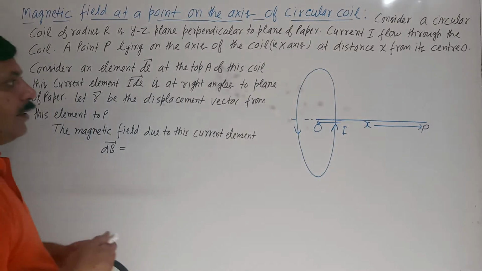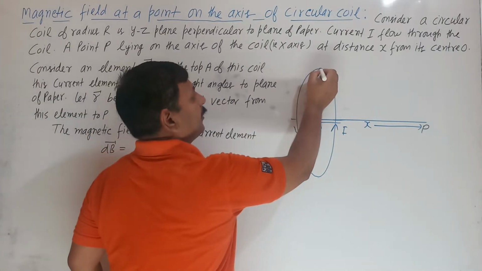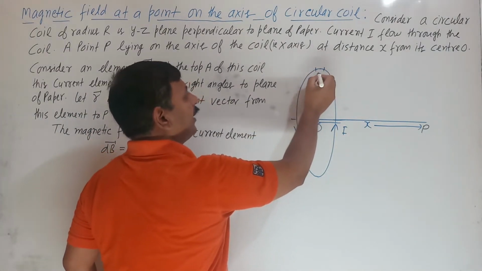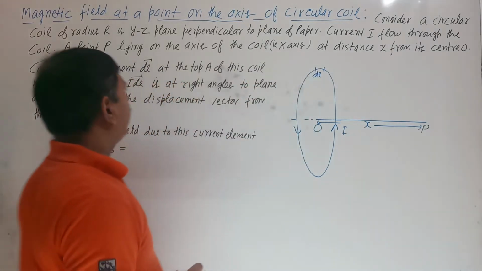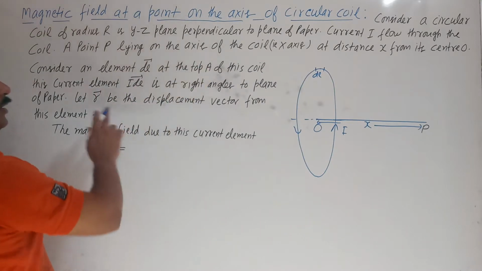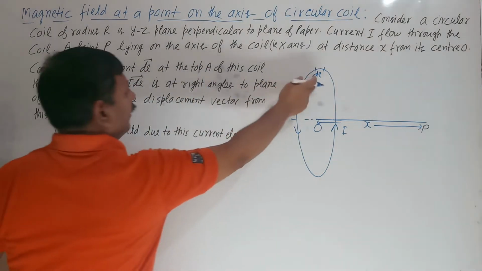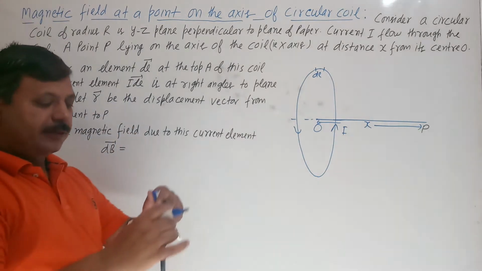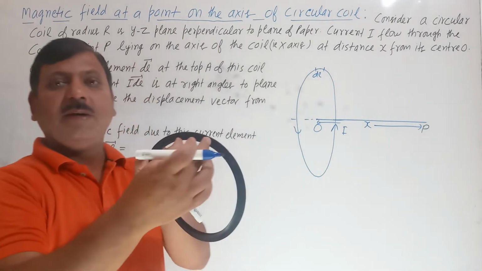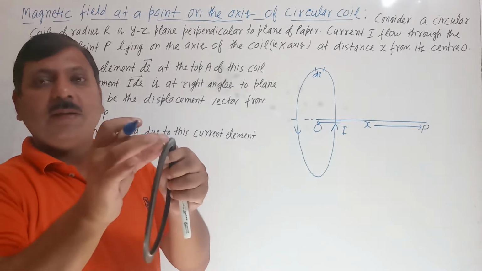Consider an element. Let's suppose at point A, I have considered an element dl at the top of this coil. A small current element I have taken here.